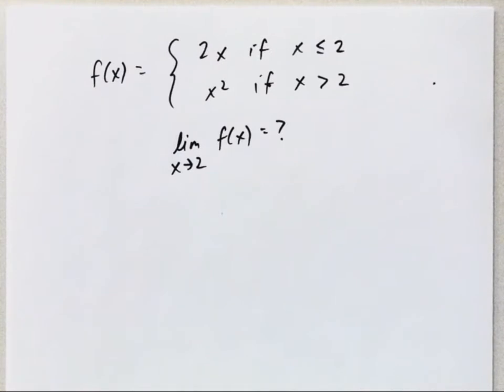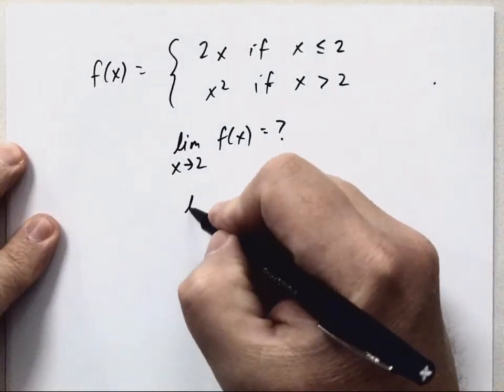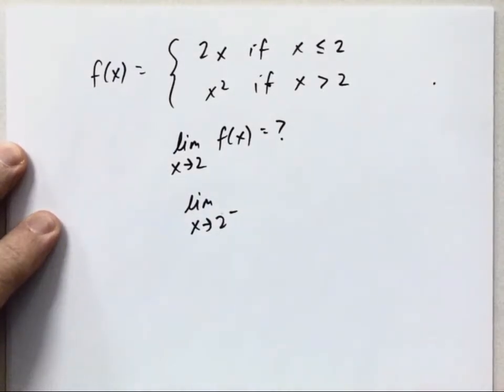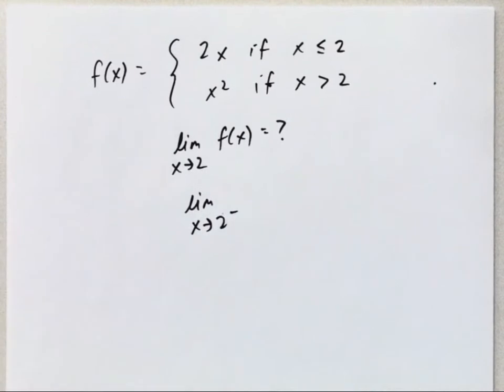Since it is a piecewise function, I'm going to have to calculate the limit coming from the low side and the limit coming from the high side, and if they happen to be the same, then I have a limit. If they're different, then I don't have a limit. So coming from the low side, these are where the values of x are less than 2.